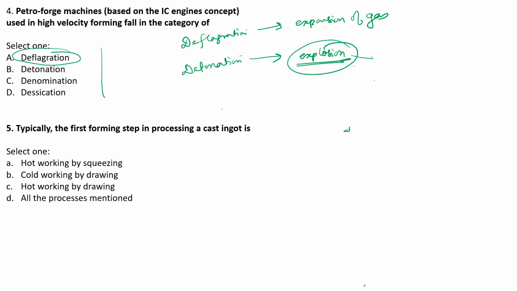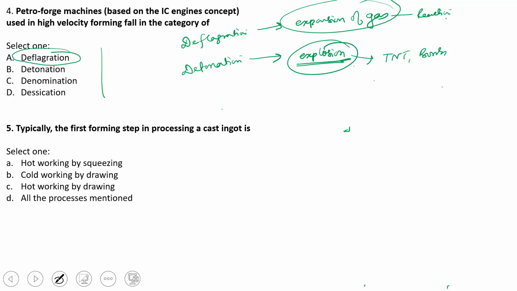Okay, so examples will be like TNT, then bomb. And here, with expansion of gases, there will be some kind of reaction which will help to liberate more gases, or the high temperature will lead to expansion of gases.